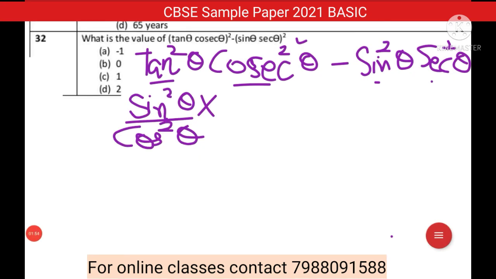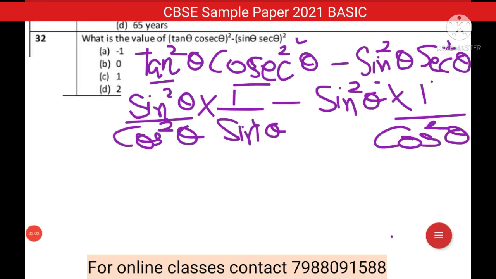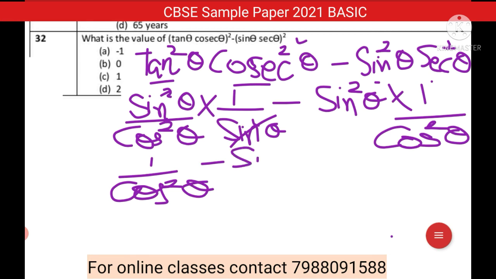Tangent square theta is sine square theta by cos square theta and cosec square theta is 1 by sine square theta, minus sine square theta as it is, and secant square theta is 1 by cos square theta. So sine gets cancelled. So I am left with 1 by cos square theta. And second term is minus sine square theta by cos square theta.